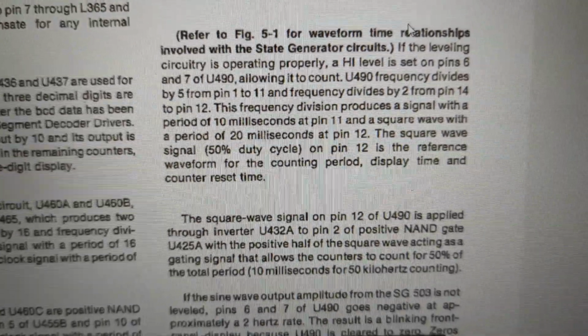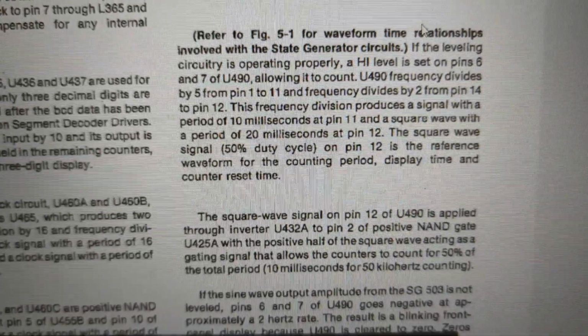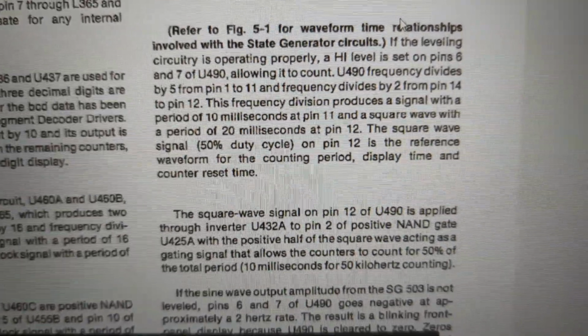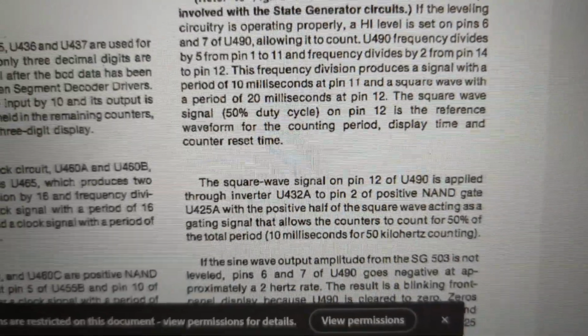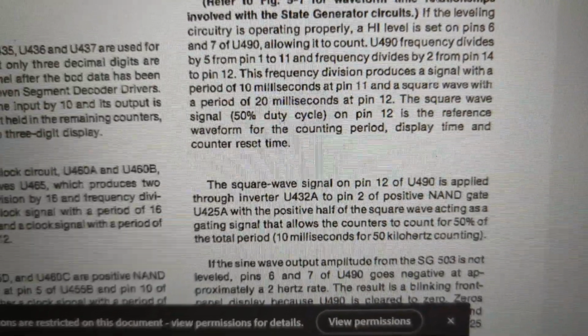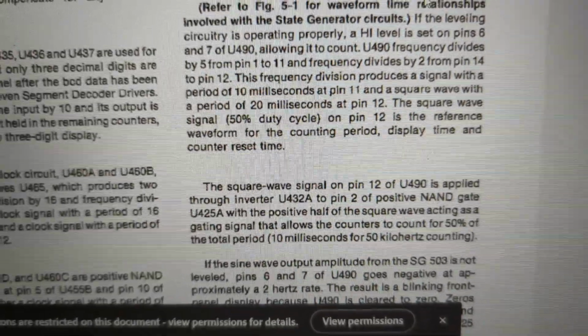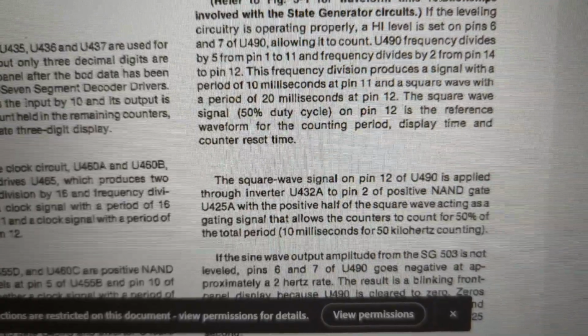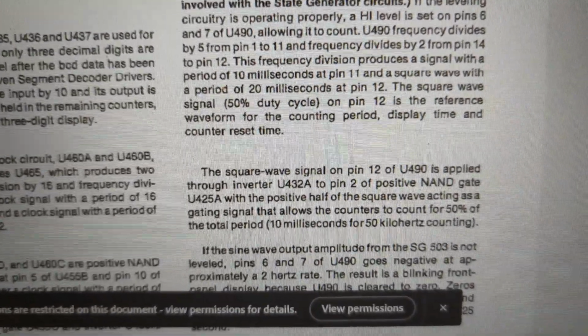Well, U490 still divides by 5 from pin 1 to 11 and by 2 from pin 14 to 12. So for example, the frequency division produces a signal with a 10 millisecond period at pin 11 and a 20 millisecond period at pin 12. Yeah, that's all correct. I still see that.